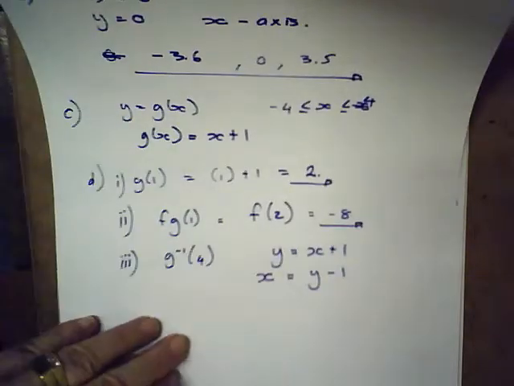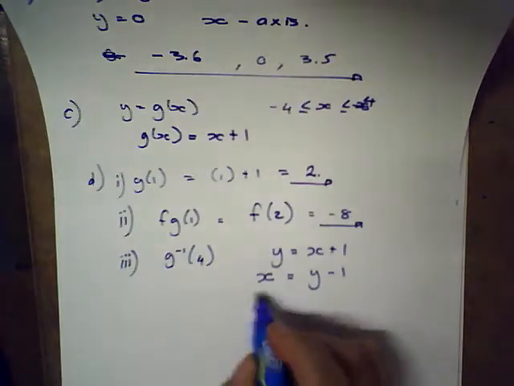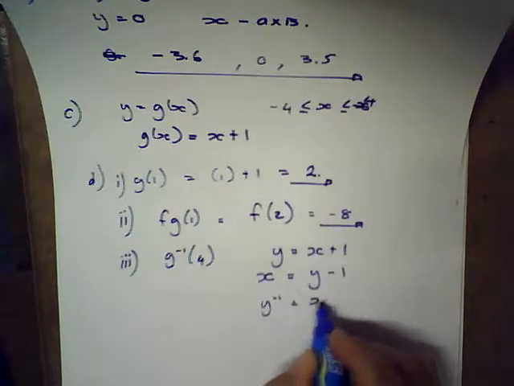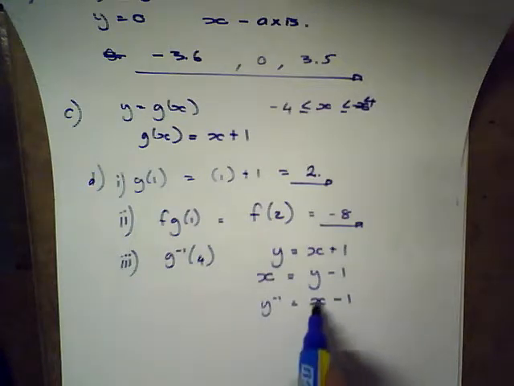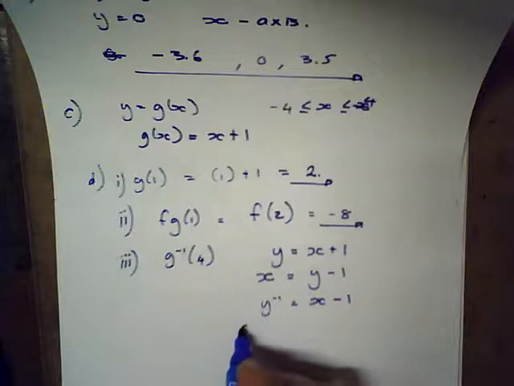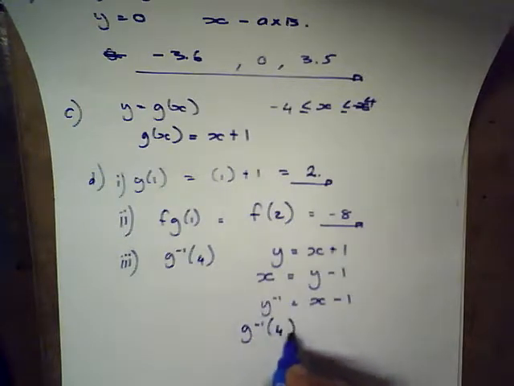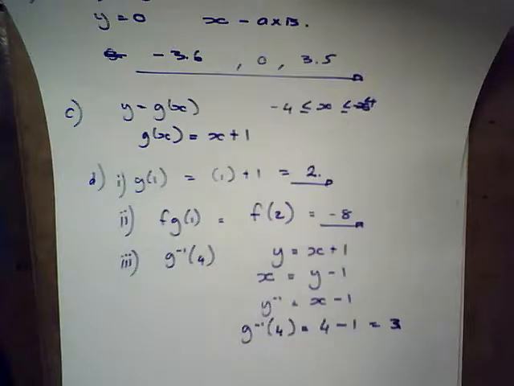Sorry, I'm just moving my page up there so that we can work a little faster. Then I'm saying y inverse equals x minus 1. I don't want x there. Where the x is, I'm going to substitute 4. So g inverse of 4 would be 4 minus 1, and the answer is 3. And that would be my final answer.